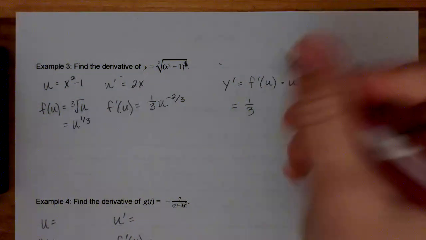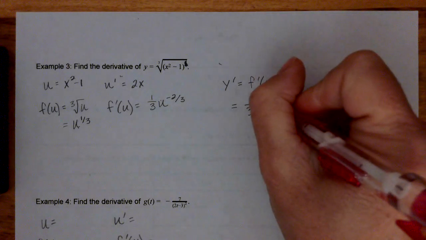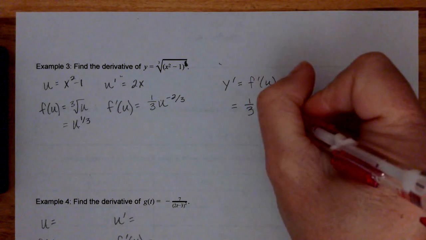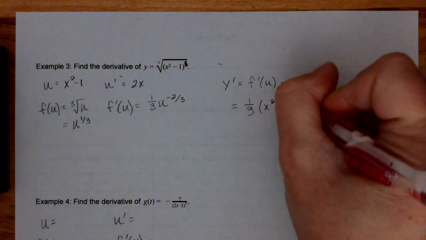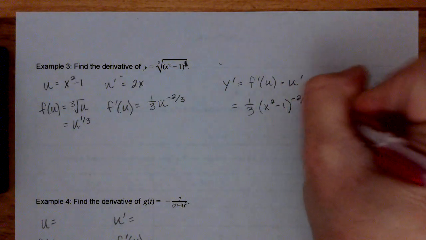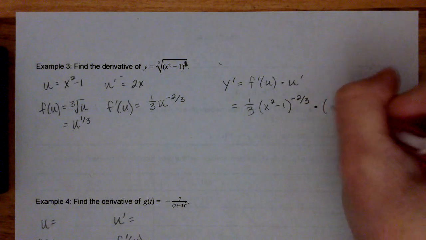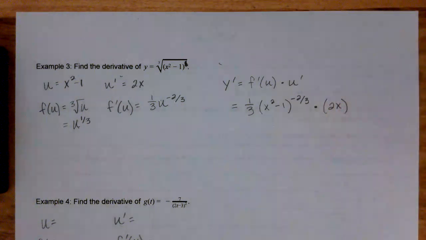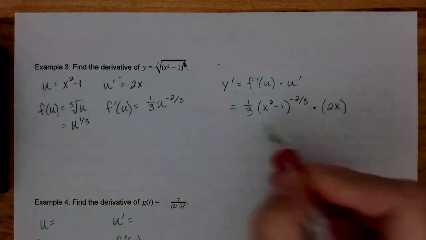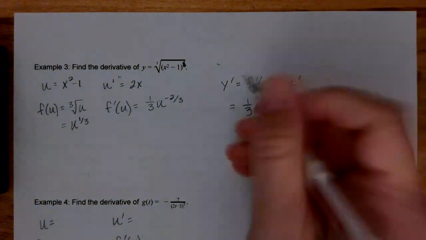So 1/3 of u, which was x squared minus 1, to the negative 2/3, times u prime, which was 2x. So this shows me how you do it.